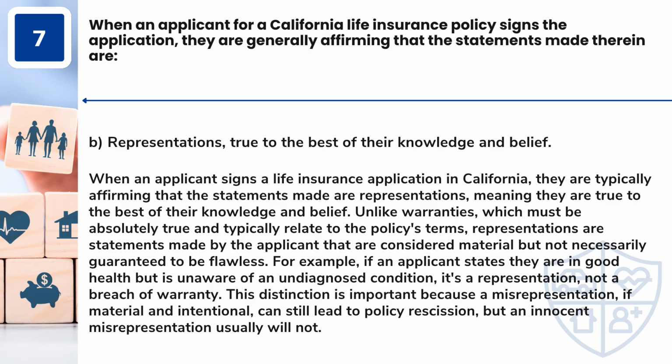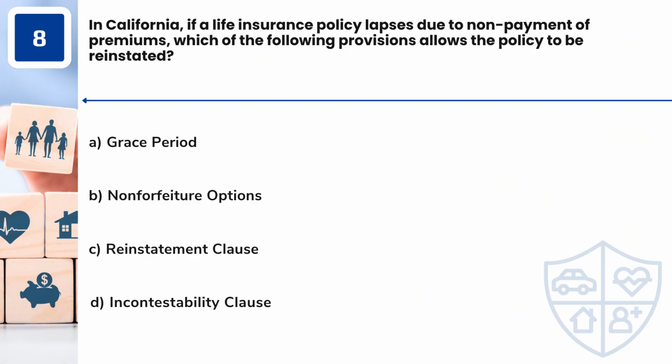For example, if an applicant states they are in good health but is unaware of an undiagnosed condition, it's a representation, not a breach of warranty. This distinction is important because a misrepresentation, if material and intentional, can still lead to policy rescission, but an innocent misrepresentation usually will not.